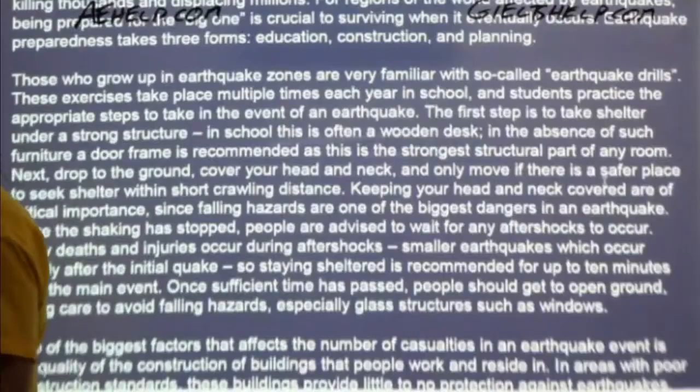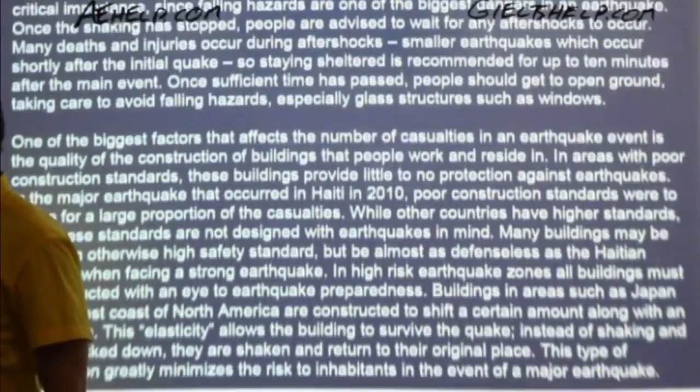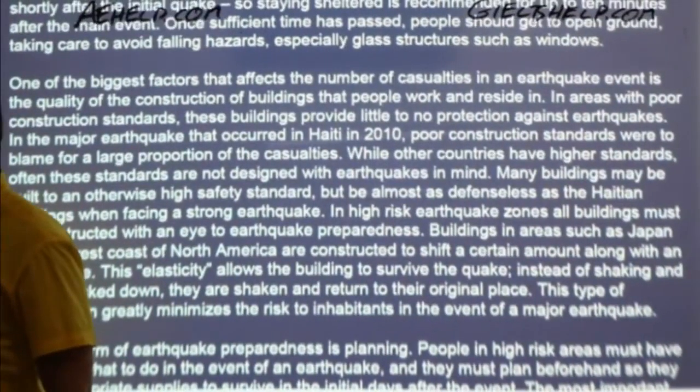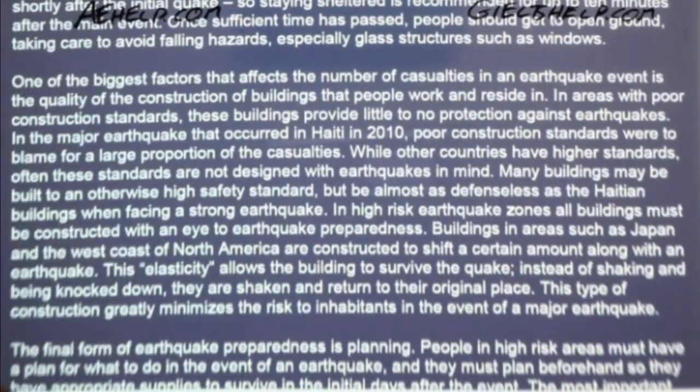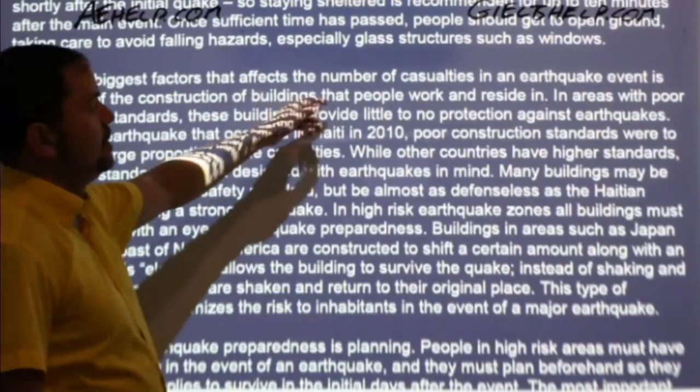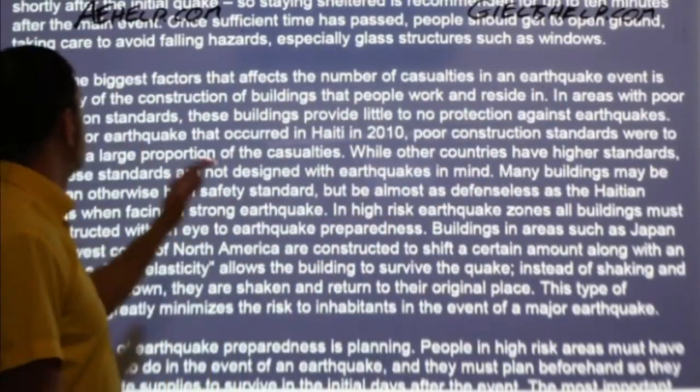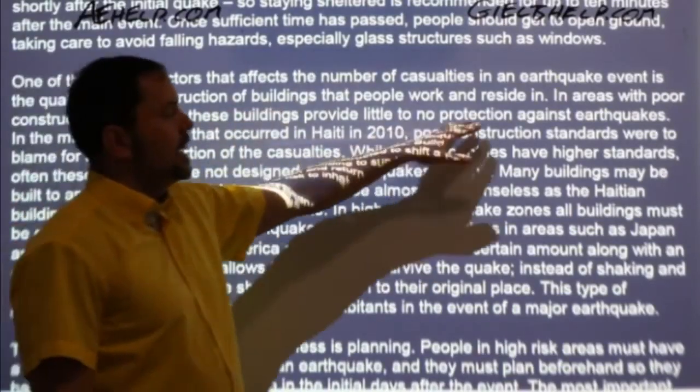So here we go. One of the biggest factors that affects the number of casualties in an earthquake event is the quality of the construction of buildings that people work and reside in.